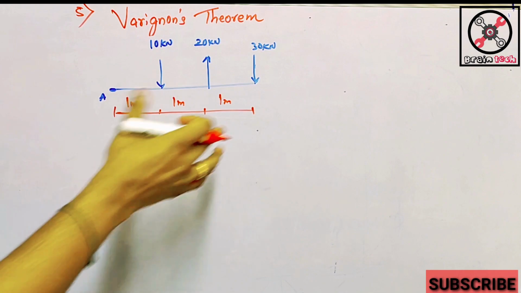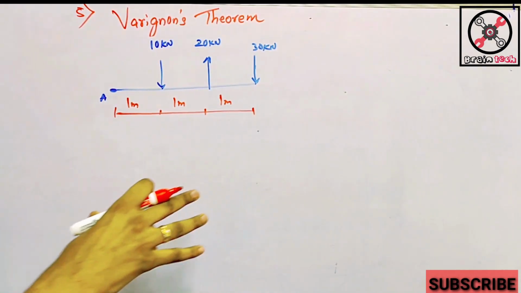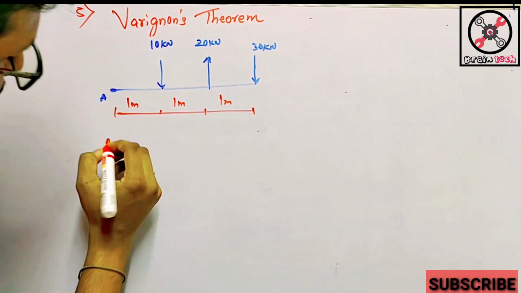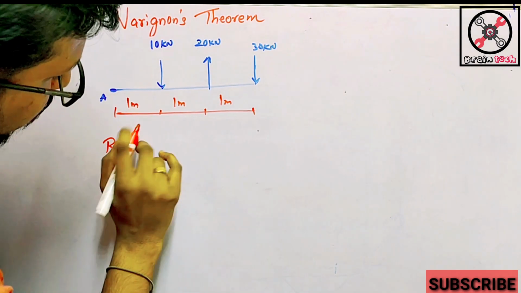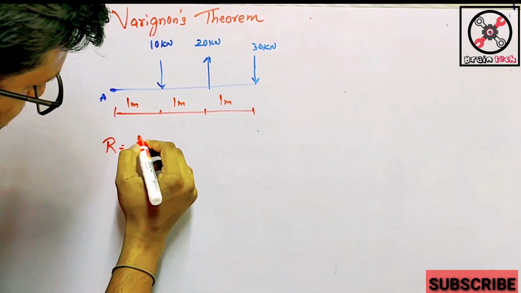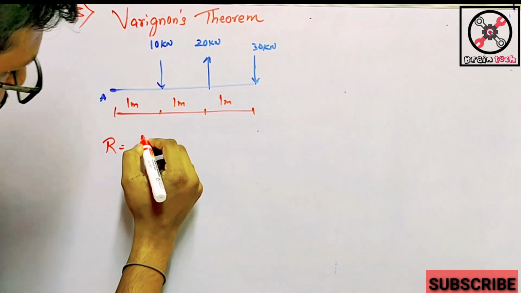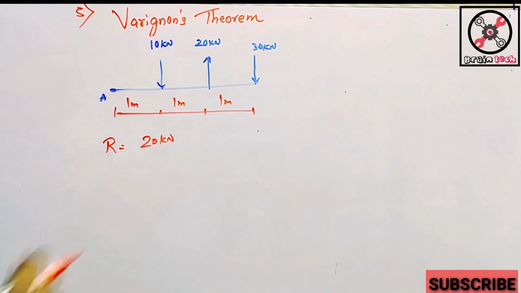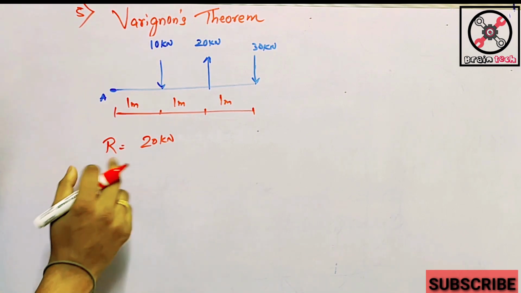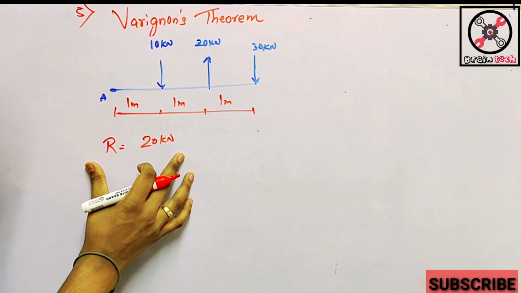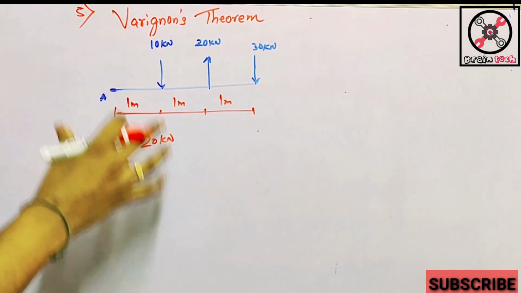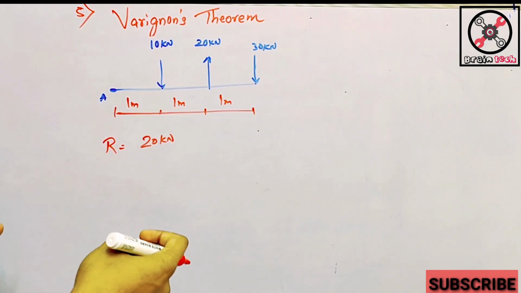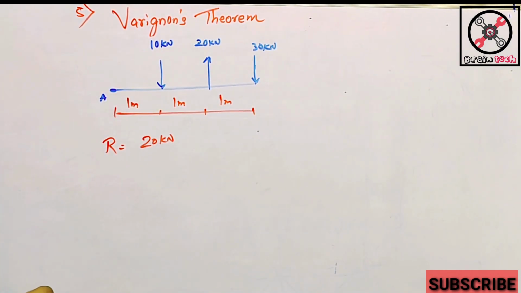Now this is a system of forces given to you, and I assume that the resultant value is given to you, for example 20 kilonewton. So the resultant value is 20 kilonewton, and you need to calculate at what distance X the resultant acts.